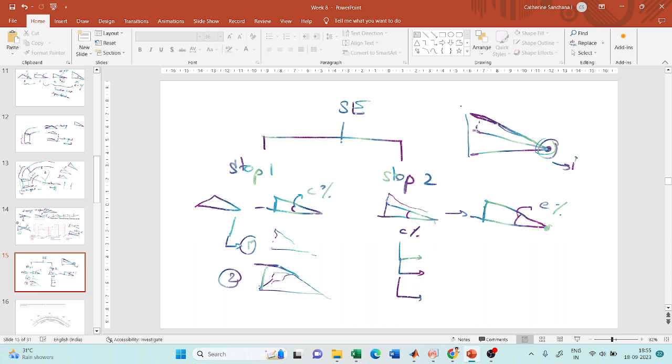If this is my outer edge, and my camber is already like this, how will you increase the height of this by holding this constant? You have to dig further and make the roadway.